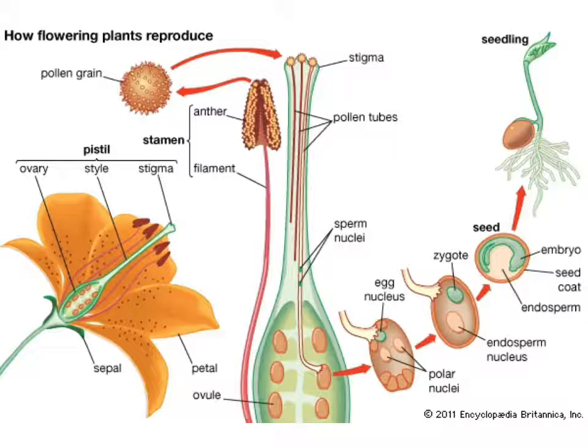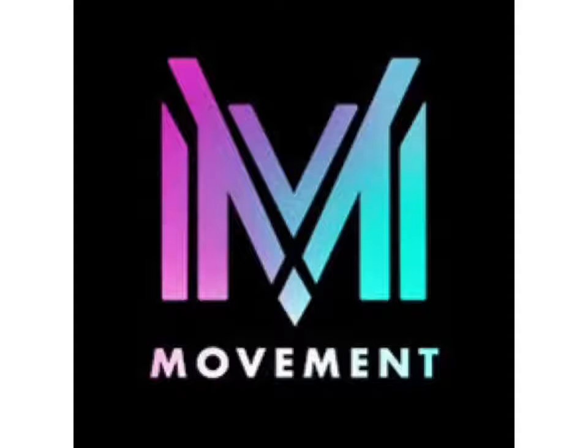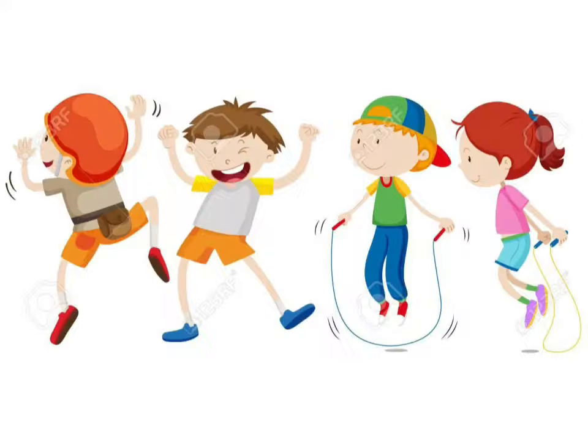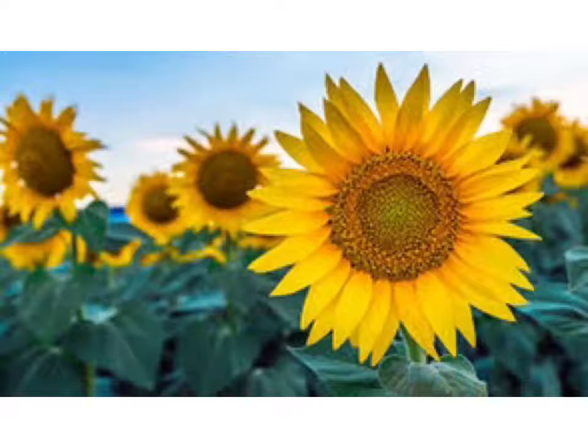Now, the next characteristic of living beings is movement. Living things show movement. Most animals move from one place to another and also show other body movements. Most plants do not move. They are fixed to the soil, but they show movements of certain parts like leaves, stems, roots and flowers.